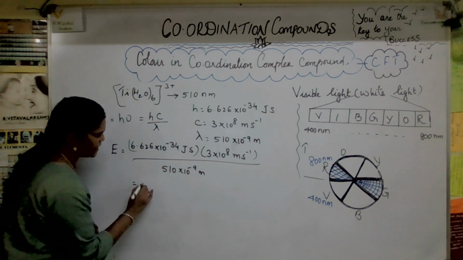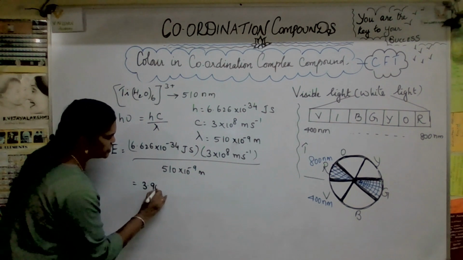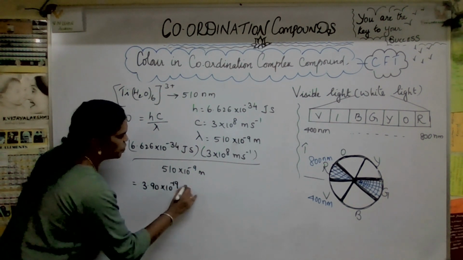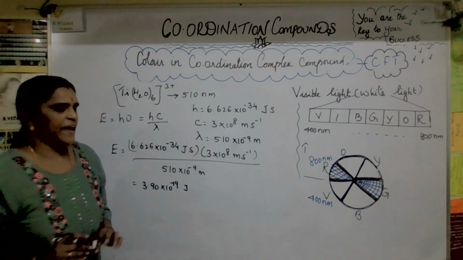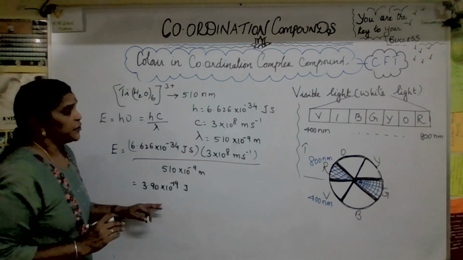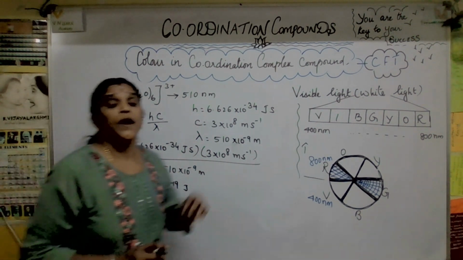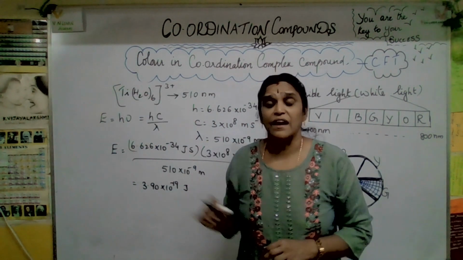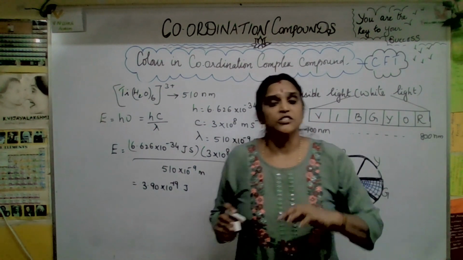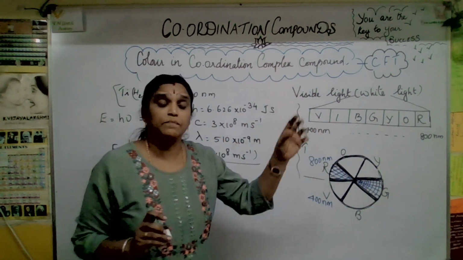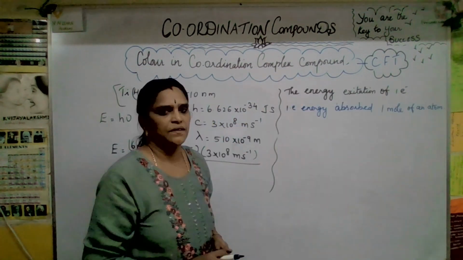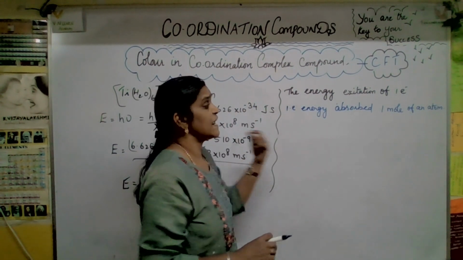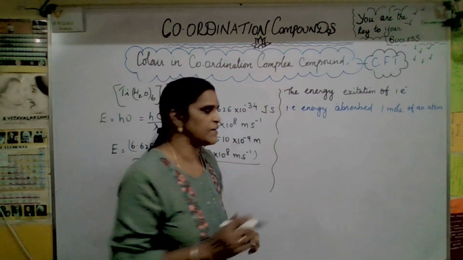Okay, now what is the value you are receiving? You will receive 3.90 times 10 to the power of minus 19 joule. Now suppose you are going to identify this for each electron. This is only one electron which is excited. When that excitation absorbs one electron, the energy absorbed is for 1 mole of atoms.